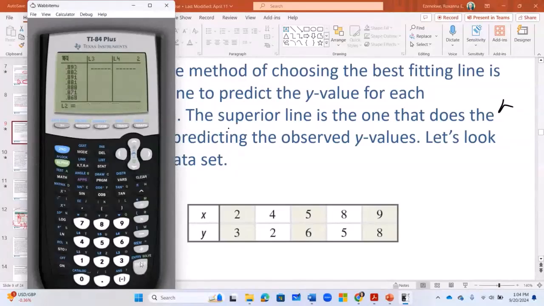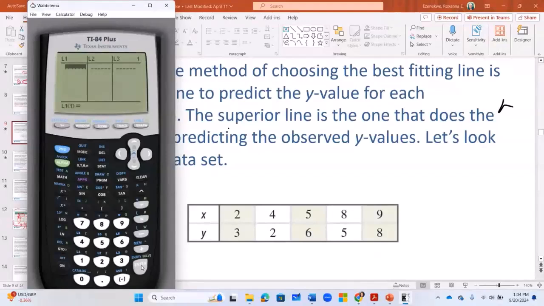So clear, enter, and clear L1, clear L1. Okay, remember that X is called the explanatory variable and Y is called the response variable.